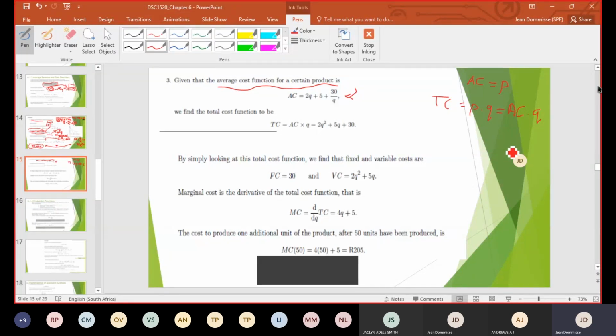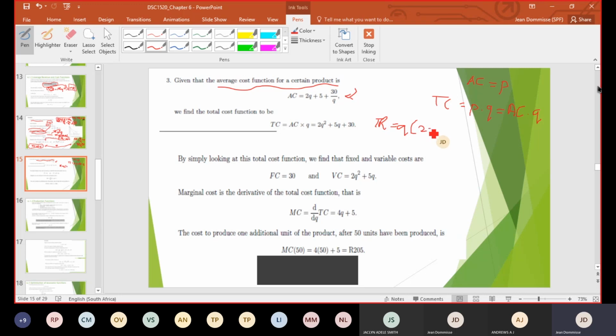So then basically, if we do that, I just want to write it over again. I always, like I said, want to do a Q in front. So Q times AC.